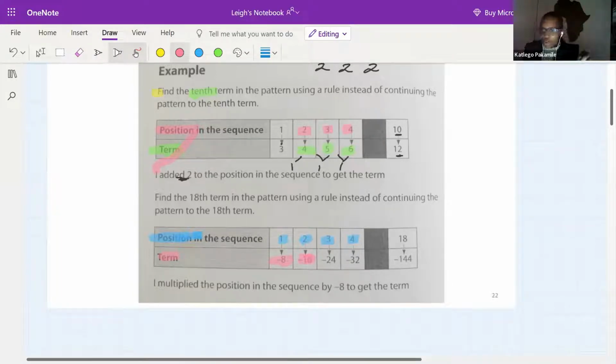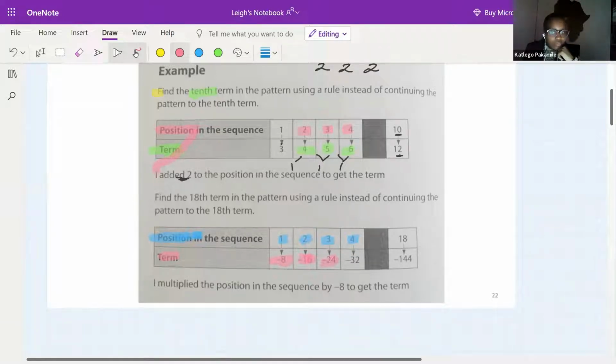Who knows what term number 3 is? What's term number 3? Tyler? -24. -24. And term number 4? Tasha, what's term number 4?